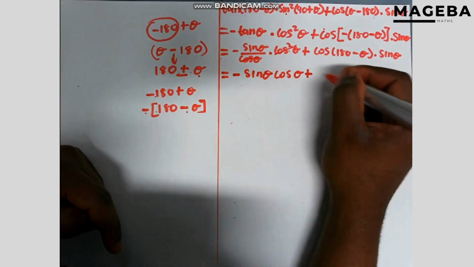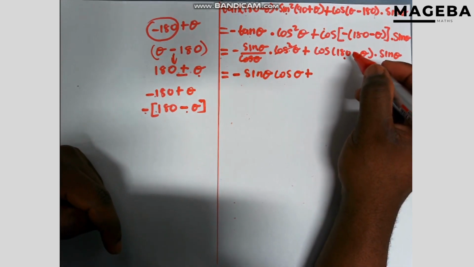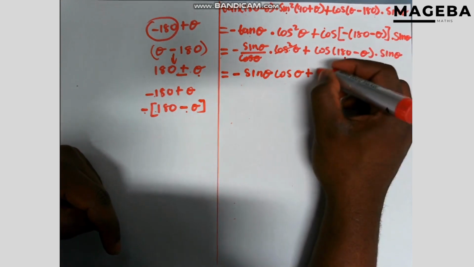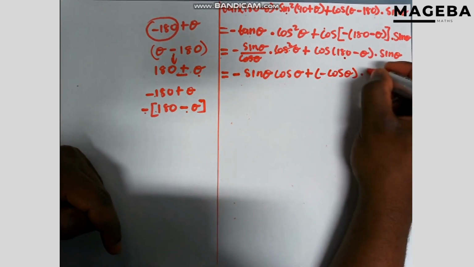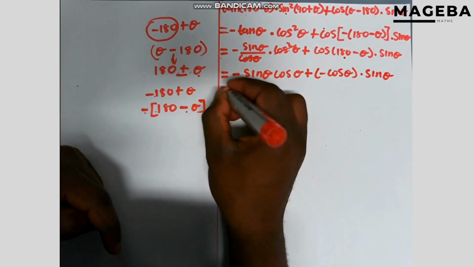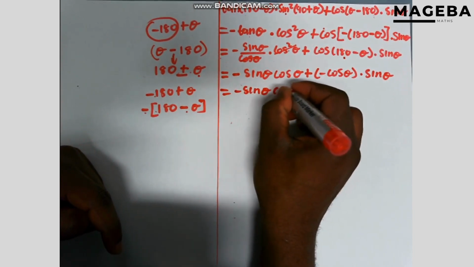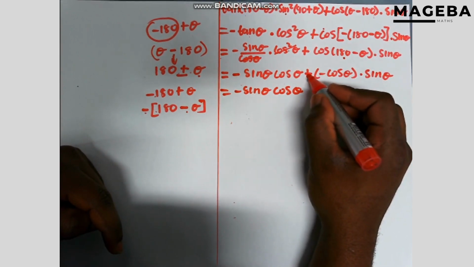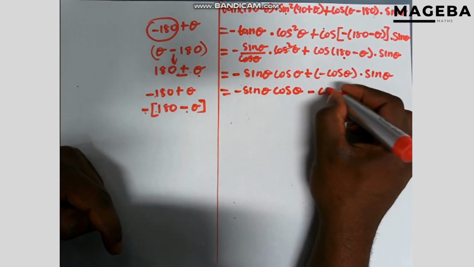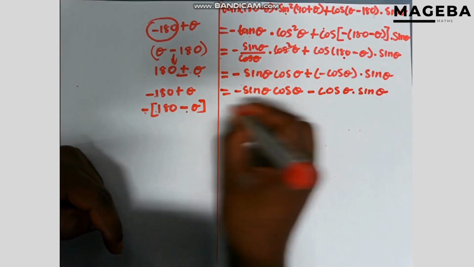And then plus, 180 minus is in the second quadrant, cos is positive in the fourth quadrant, so it's going to be negative cos theta, then times this sine theta. This negative times this positive is negative cos theta times sine theta.